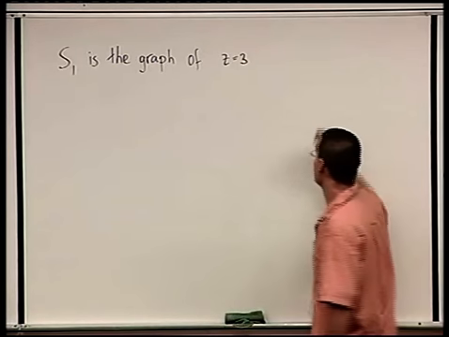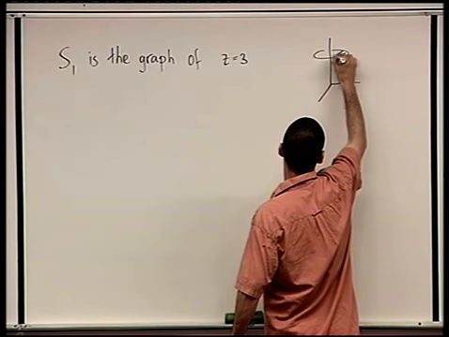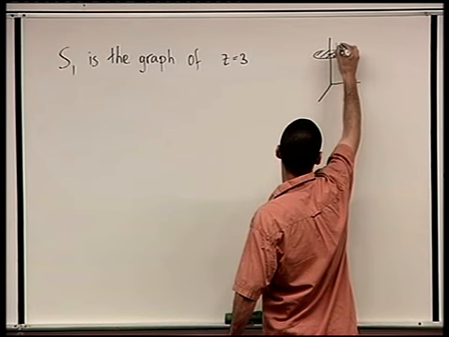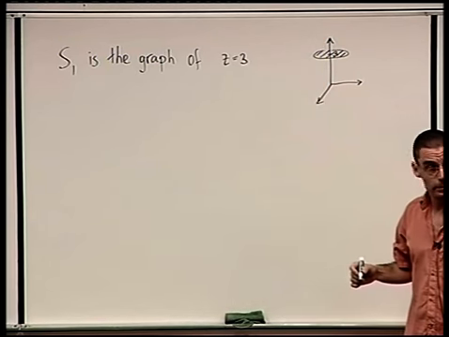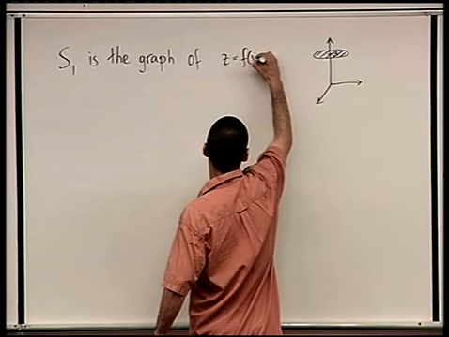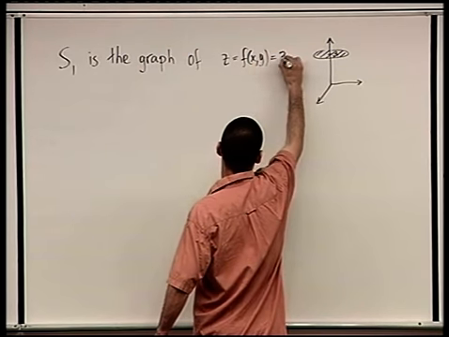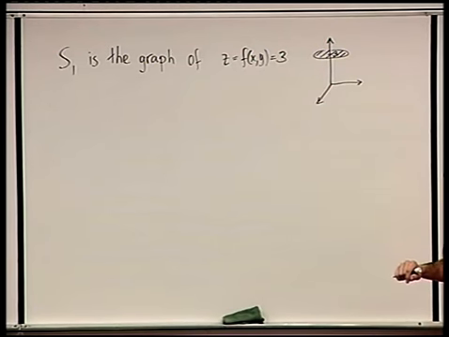Do you agree? Here's S1, sitting up here at 3. Do you agree? So let's write z equals f of xy, little f, which we just invented, which is the constant function 3. Does everybody see that? Okay.